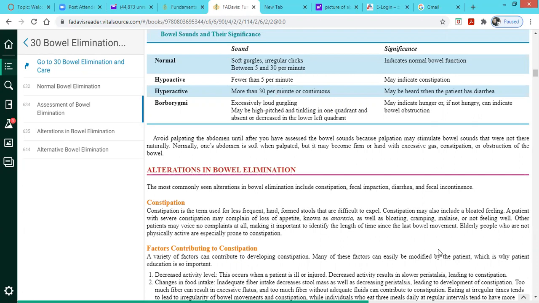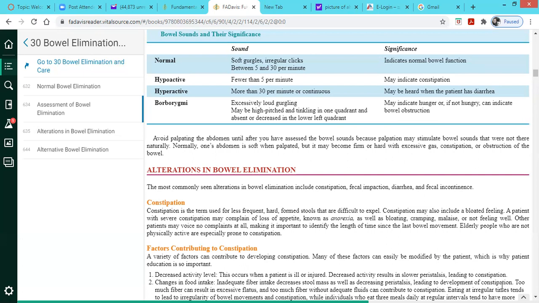It talks about factors that contribute to constipation. What factors can you think of that actually contribute to constipation? I know decreased activity level can contribute to constipation, where individuals are not moving around as much.